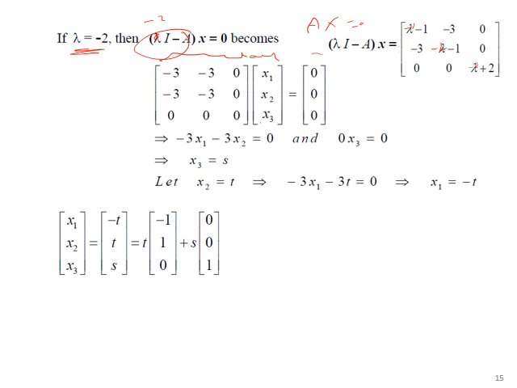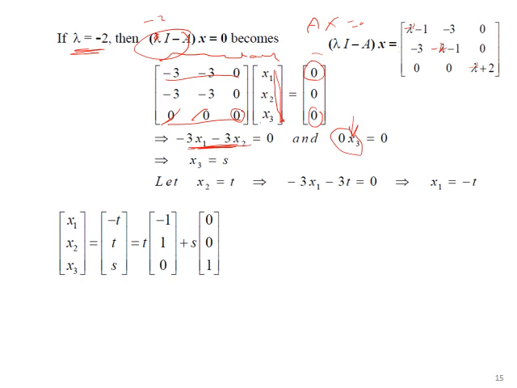Now this row times this column equals 0, as you can see here: 3x1 minus 3x2 equals 0, and this row by this row equals 0. Forget about these because we already include them here, but 0 x3 equals 0.